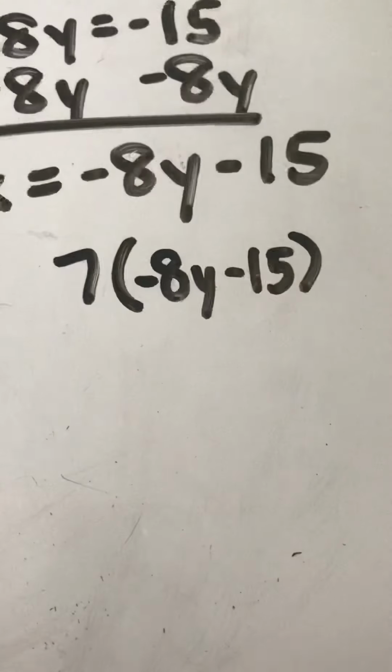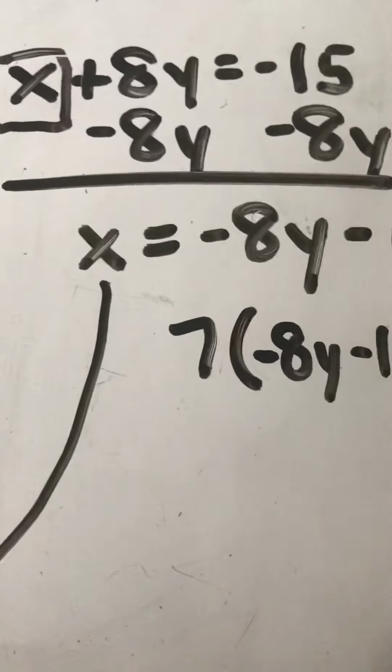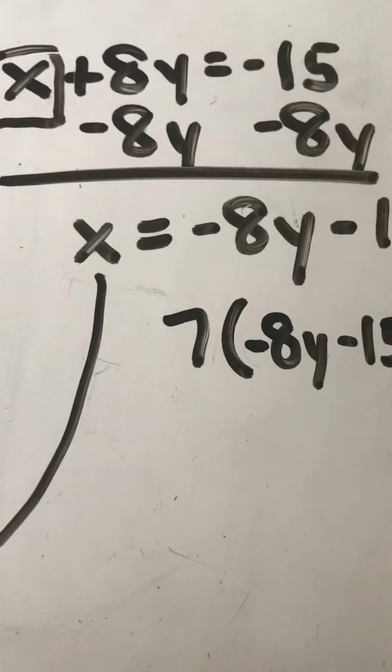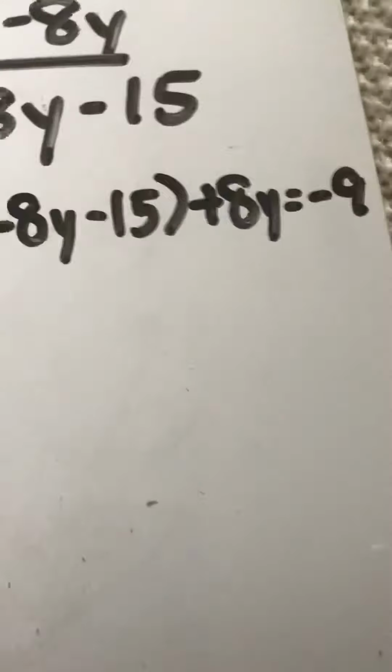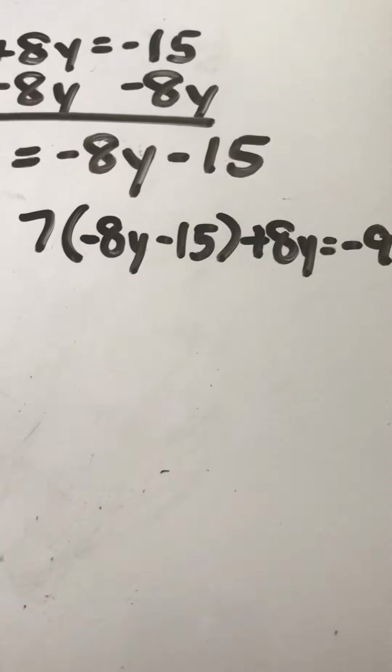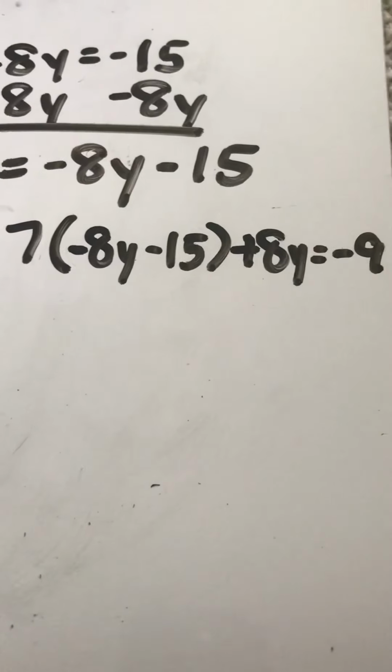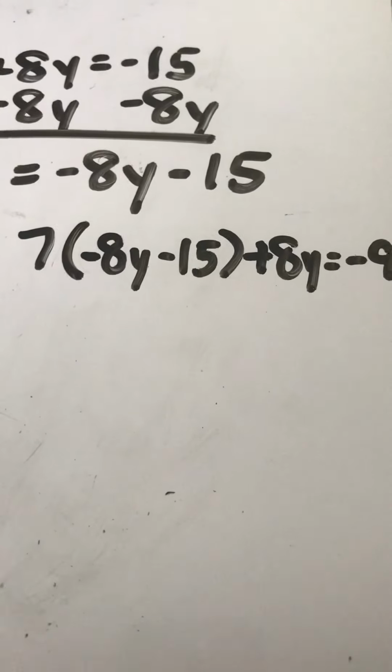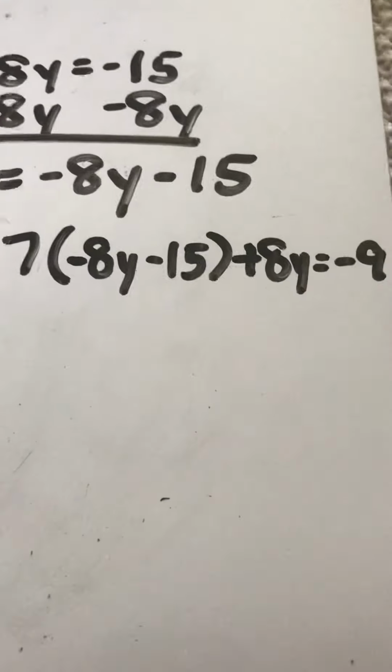And then we're just going to add 8y equals negative 9. Okay, this probably isn't the most practical method for doing this. I like the elimination one better, but just to prove that we can also solve it by substitution, I'm going to go ahead and do this.